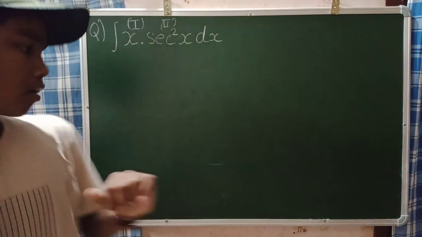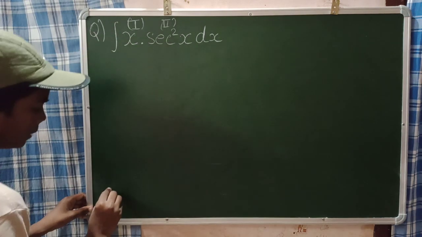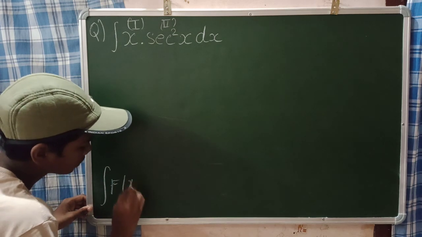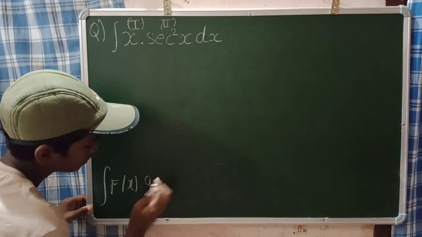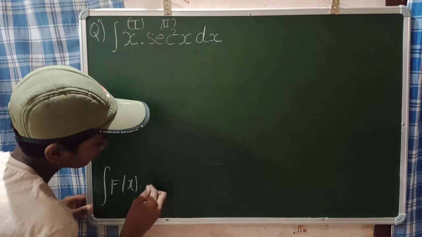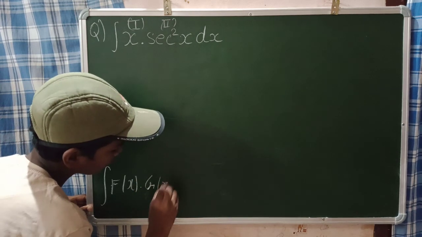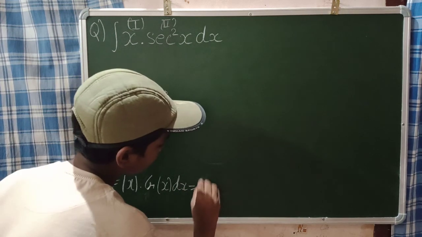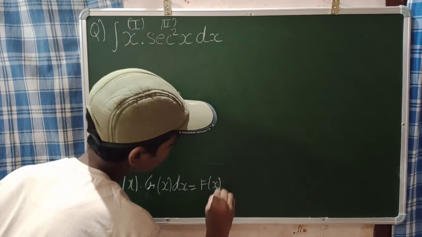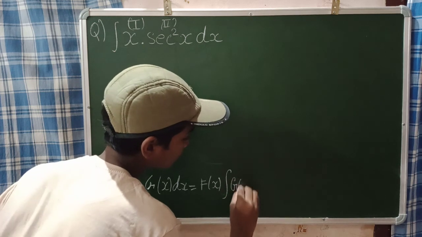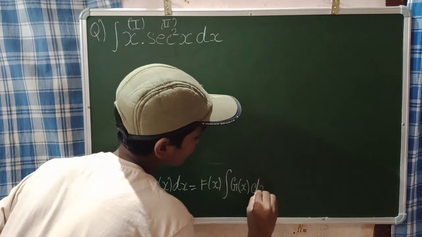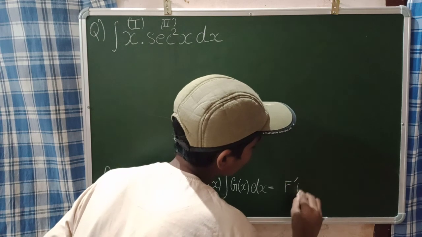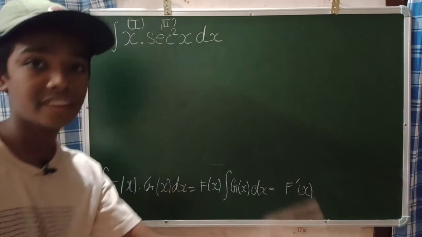Okay. Now I will write the by parts rule below. What the by parts rule says: the integral of f of x into g of x dx can be written as f of x into the integral of g of x dx, then minus the derivative of your first function, which will be f dash of x.